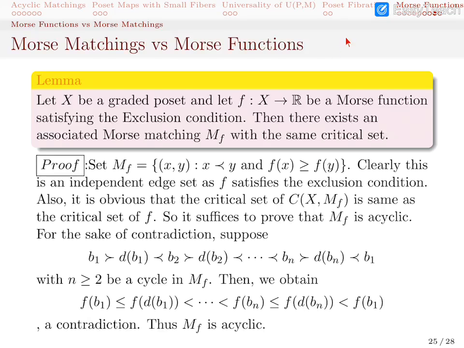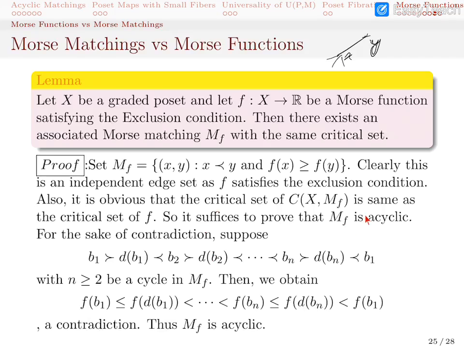So if you have this edge xy, you can be guaranteed that this y is not connected to anything here, and similarly for this. So this matching will be an independent edge set because f satisfies the exclusion condition. And you can also easily check that C(X, M_f) is the same as the critical set of f. These details are in my write-up, so please have a look if you want to see them.